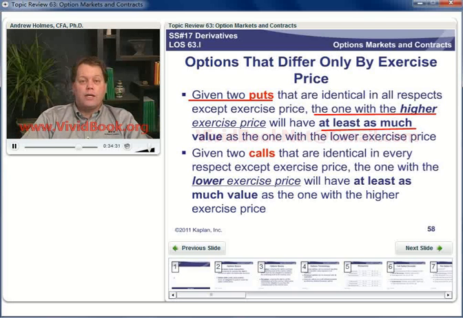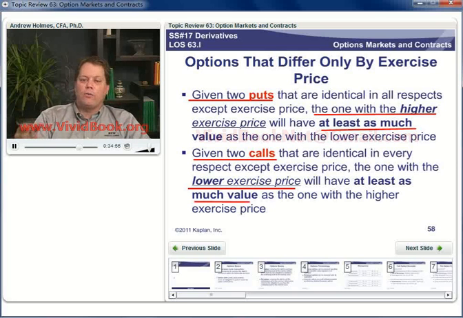So all else equal, would you rather be able to put the stock to someone for $20, or would you rather be able to put it to them for $30? Well, all else equal, I would rather be able to sell my stock for $30. So the higher the exercise price, the greater the value of the put. What about call options here? Well, if we're talking about two call options that are identical in every respect other than exercise price, then the one with the lower exercise price will have at least as much value.